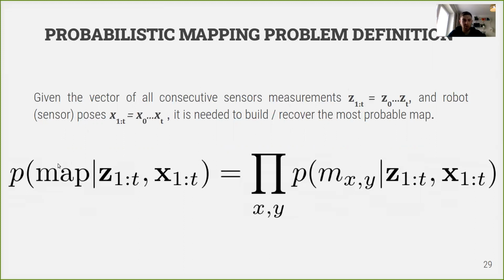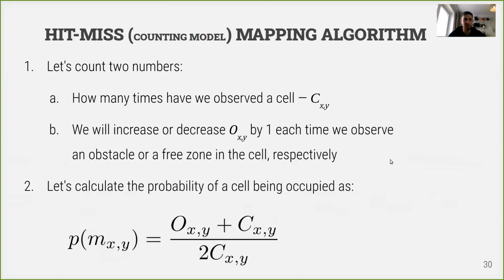And the most probable map, given our measurements and our poses, is a product of each individual cell's probability, given our sensor measurements and poses. So this is the probabilistic mapping problem definition.